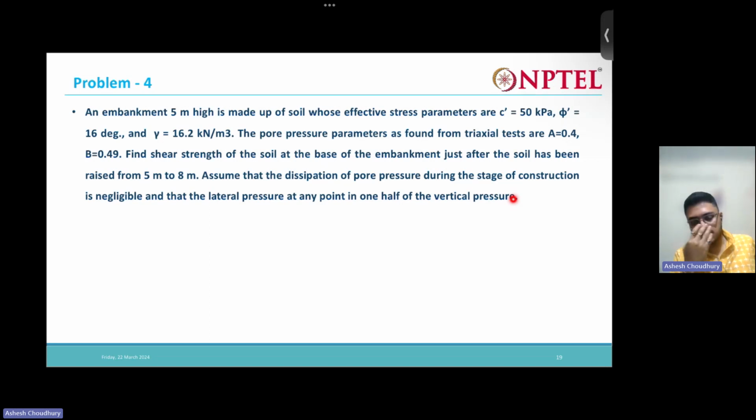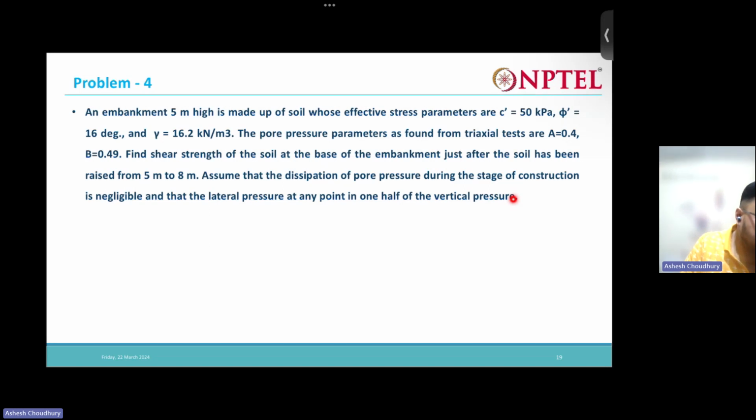Pore pressure parameters found from triaxial test are A is equal to 0.4 and B is equal to 0.49. Okay, so find the shear strength of the soil at the base of the embankment just after the embankment has been raised from 5 meter to 8 meters. Assume the dissipation of pore pressure during the stage of construction is negligible and the lateral pressure at any point is half of the vertical pressure.